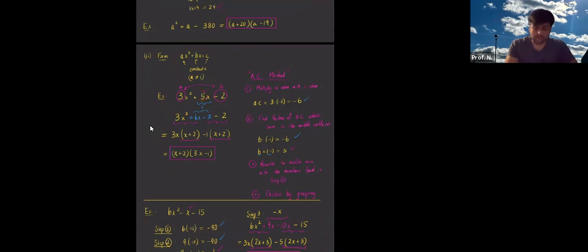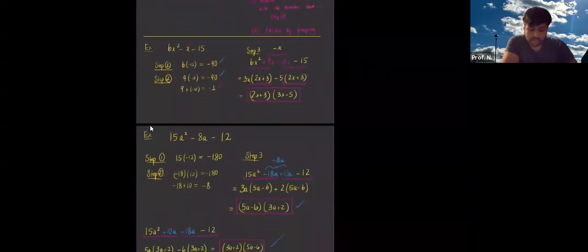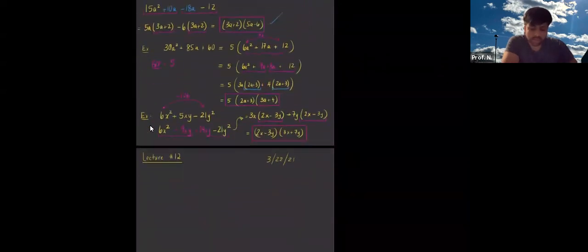When we find it, we split up the middle coefficient, and now we have 4 terms, which are grouped into 2 groups. Then we finish off the factorization by applying the factor by grouping technique, and voila, we get our factorization at the end.